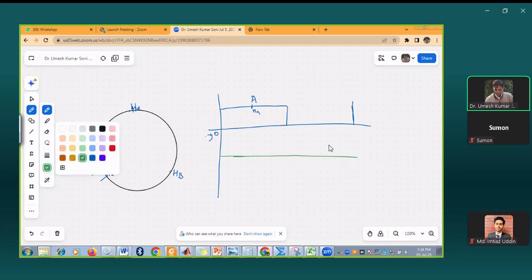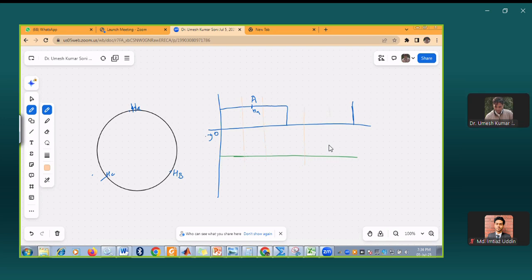First, I will draw the sectors here. We have 60 degree, three sectors are there, and six sectors are there. So in these sectors will be the Hall sensors.